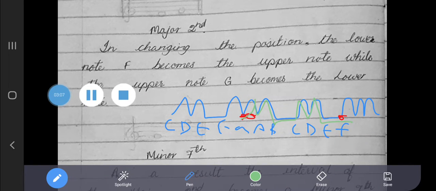Ten semitones is a minor seventh. This is a seventh. G to F is a seventh.